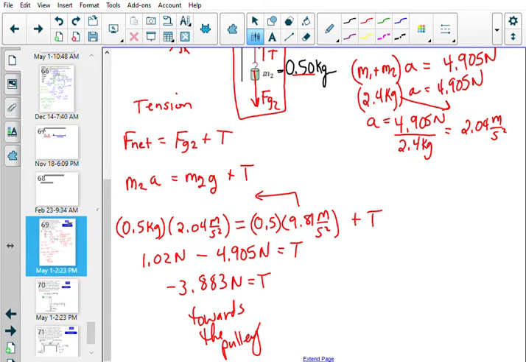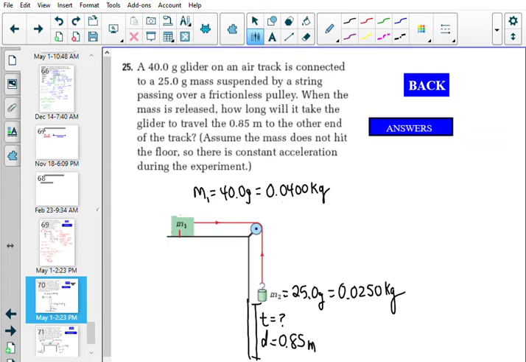So let's look at a different question that is still going to be a frictionless pulley, but now we're going to take it up a notch and unlock some of our kinematics equations. So we have a mass of 40 grams, that's not kilograms, so you have to convert it, is the one on the table. The 25 grams, or the 0.025 kilograms, is the mass that's hanging, and it's 85 centimeters above the floor.